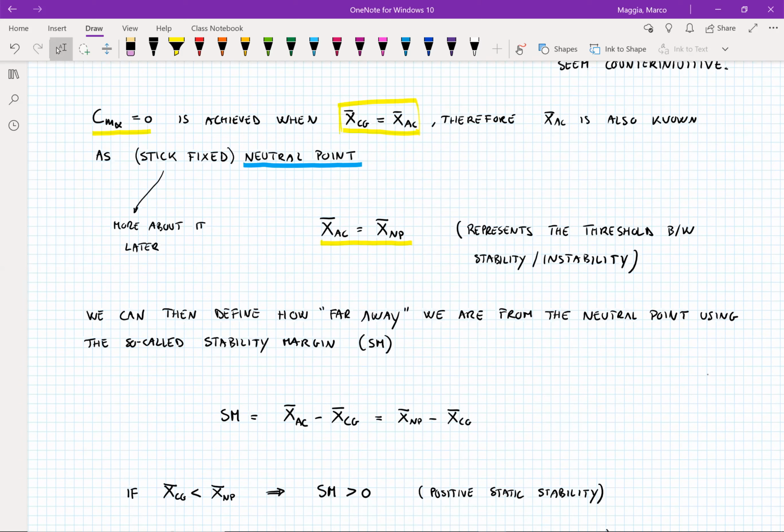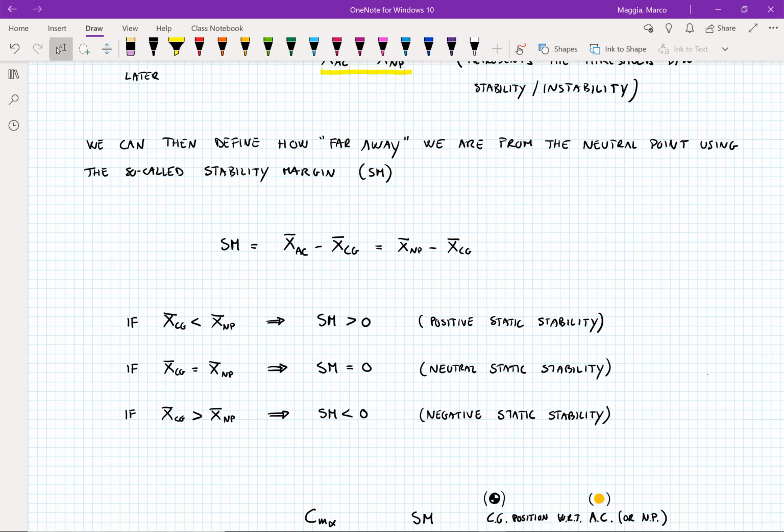So in general, if we are away from the neutral point, we can define the so-called stability margin to know how far away we are from neutral stability. Do we want to be near neutral stability? Not really. Well, it really depends on the aircraft.